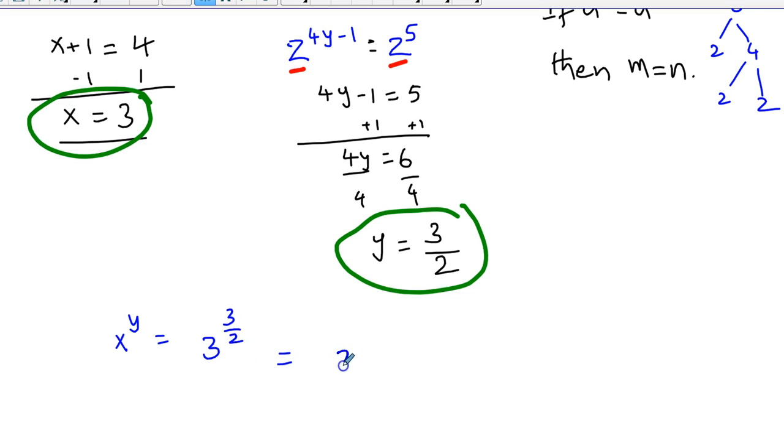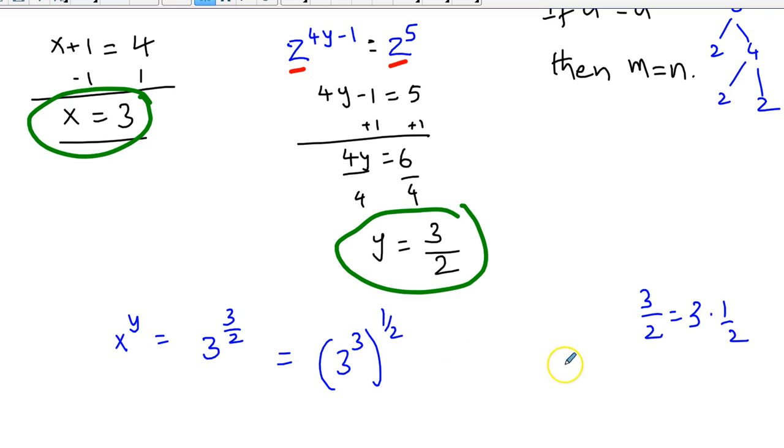That is 3 to the power of 3 divided by 2, I can write it as 3 cubed whole to the power of 1/2.